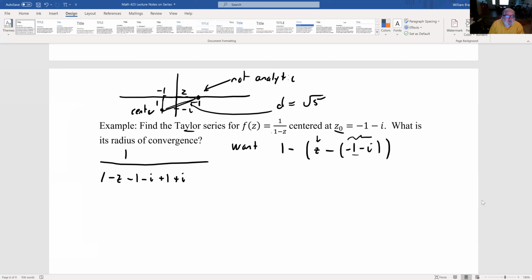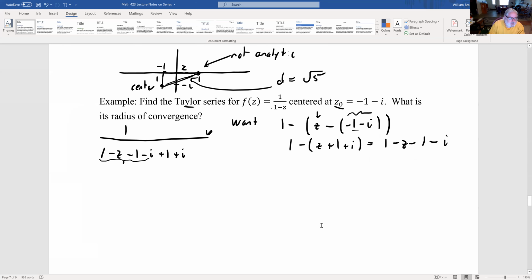So which of these terms actually helps me figure that out? If we distribute this, I want 1 minus z plus 1 plus i. And that's actually 1 minus z minus 1 minus i. So this is equal to 1 over 1 minus z, and I can regroup that as 1 over this whole part now.